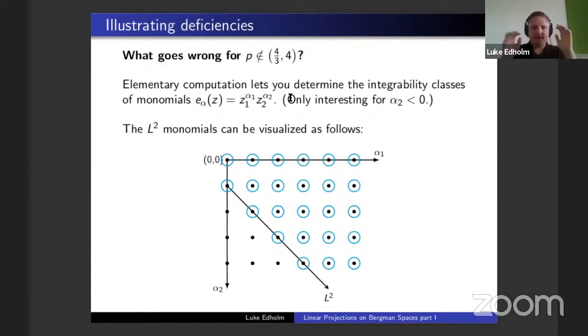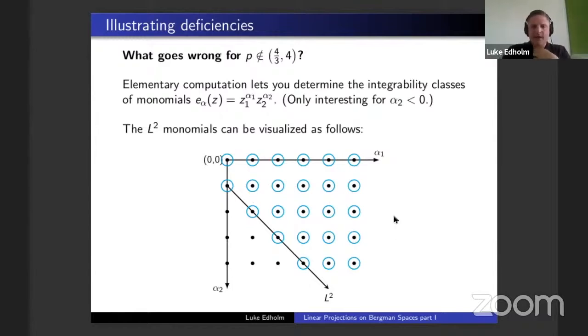You can very easily draw a picture of the L2 monomials. Everything in the first quadrant is fine because those are nice bounded things. In the fourth quadrant, a straightforward integral calculation will show you that these dots, which I've circled in cyan here, are L2 functions.